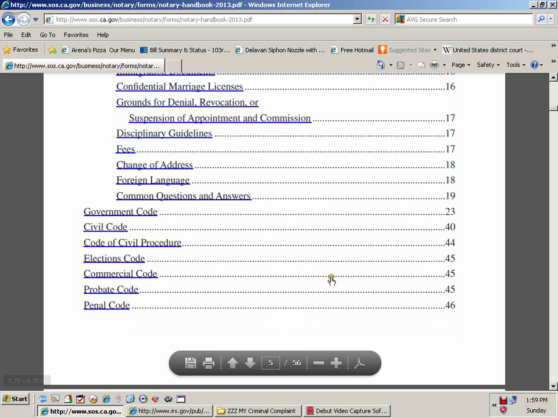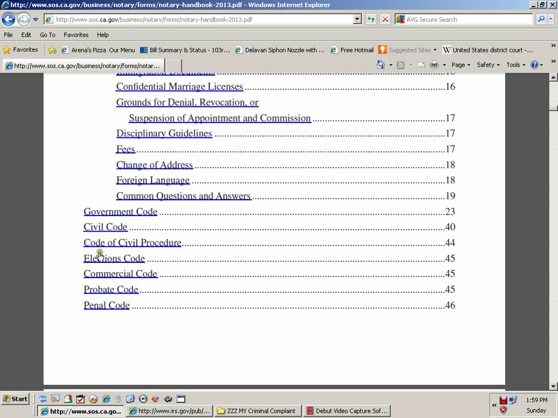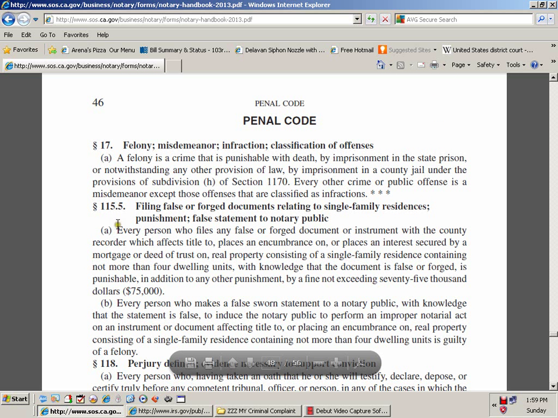If you go low enough you see they have sections about the penal code, probate code, commercial code, election code, civil code, code of civil procedure, government code, penal code, felonies. Why do they have these sections? They're very good to know. They're in your notary handbook, so the notary is supposed to be able to use the power to point them out. That's great stuff.